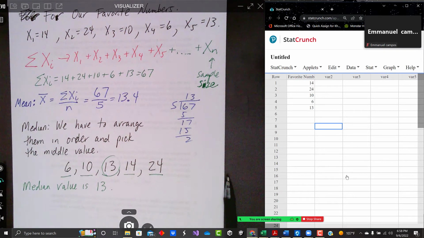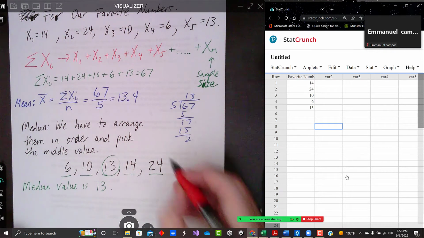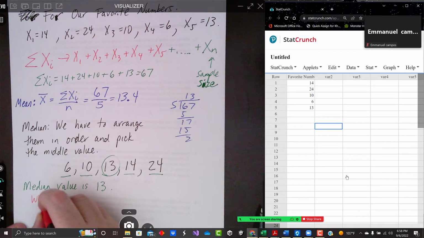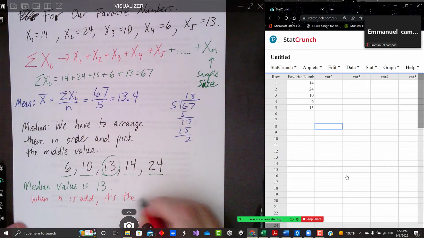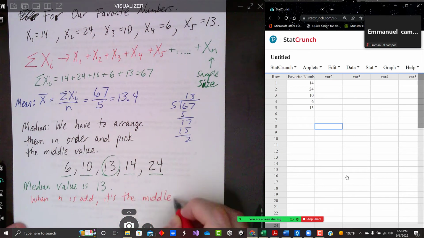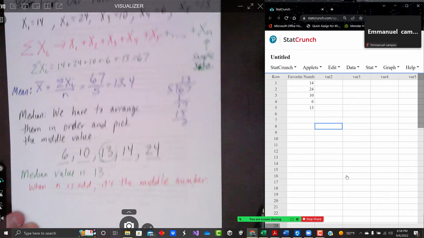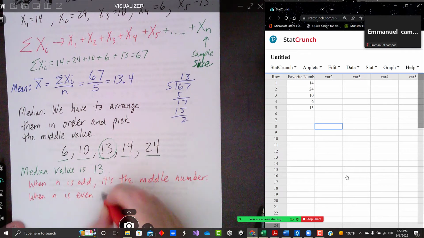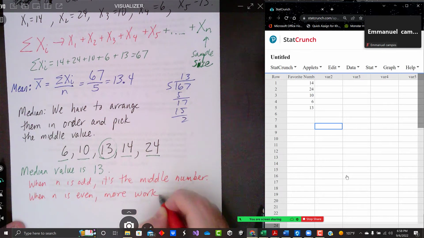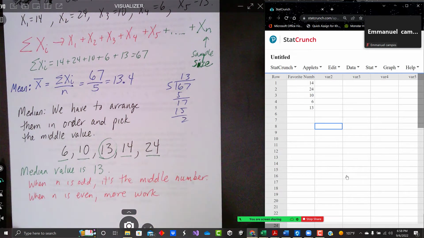Whenever n is odd like this, we had n was 5 here, it's the middle. When n is even, we have to do some more work, and I'll show you how that works.